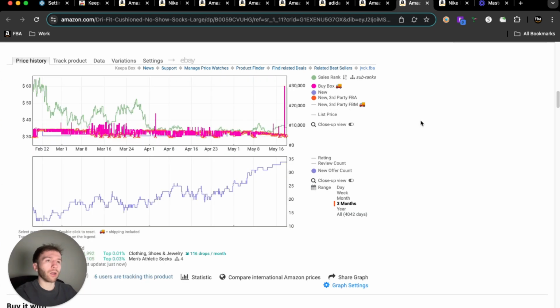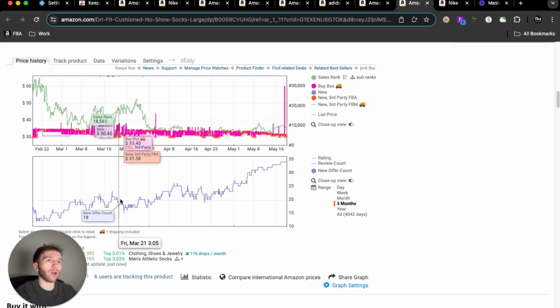The next one, this is going to be an example of what potential price tanking can look like, because you can see that the offer count is slowly going up over time and the price is slowly going down over time. Again, correlation between those two charts usually happens when there's a big spike like this.